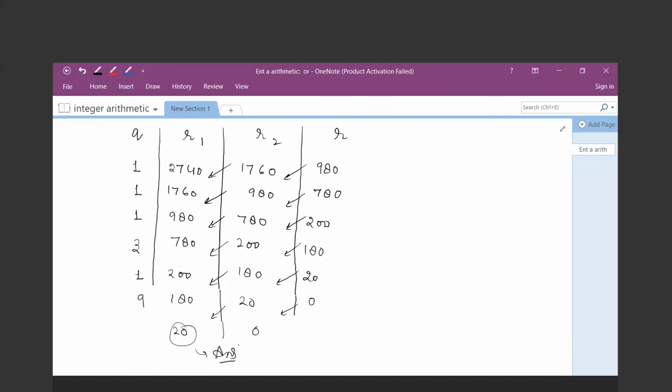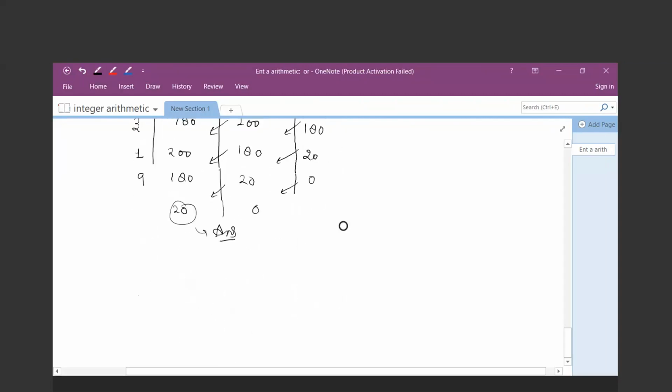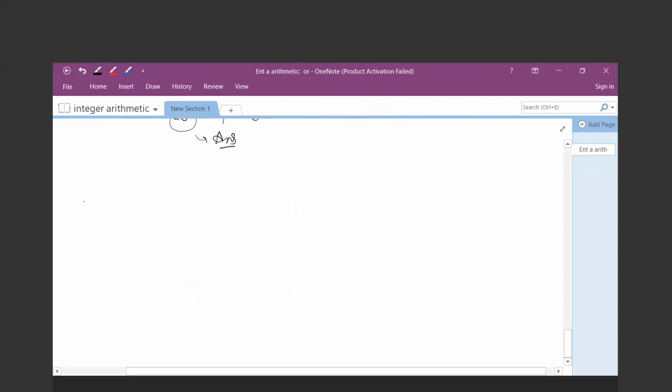Again, there is one algorithm based on the same concept that is called the extended Euclidean algorithm. It is also very, very simple. Just follow the steps, whatever I teach you.